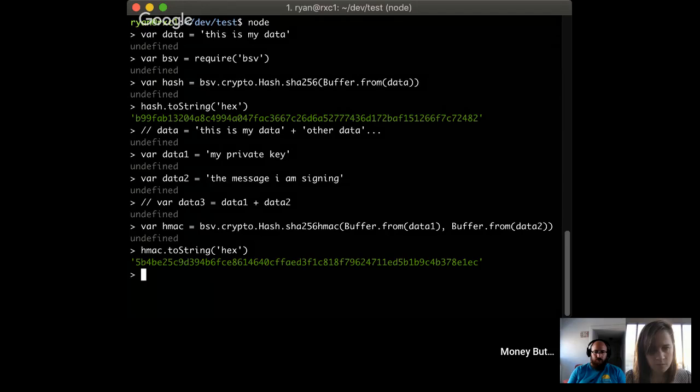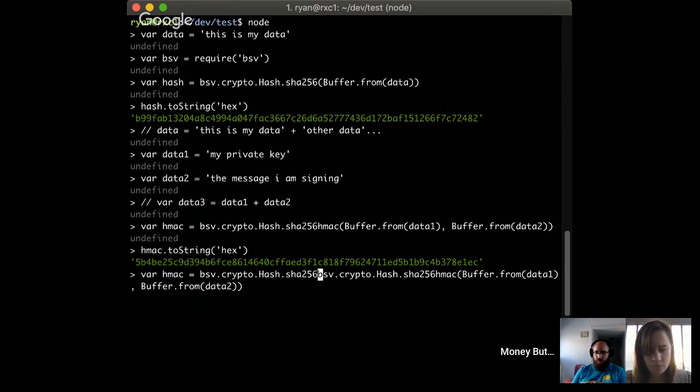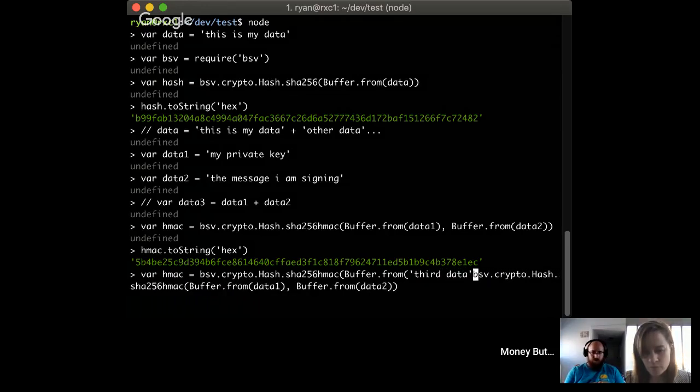Okay, great. Can you hash more than two pieces of data? You can, you basically do it again. If I wanted to do it a third time, I would do sha256HMAC on the outside, and my first piece of data would be Buffer.from a third data, and then that would contain the other one.